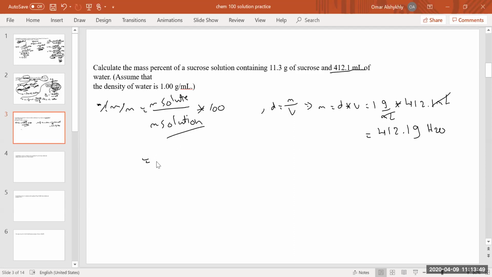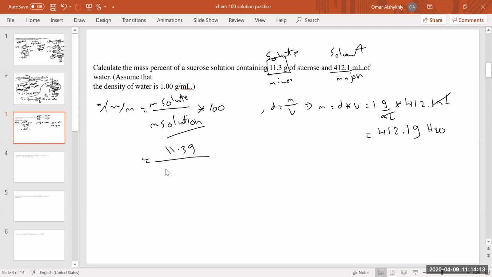Now let's substitute it here. Don't forget the 11.3 gram is the minor, and here it is the major. So this one will be solvent, this one solute. It's very important to decide which one is solute, which one is solvent, because it will affect your calculation. Here, mass of solute will be 11.3 gram.